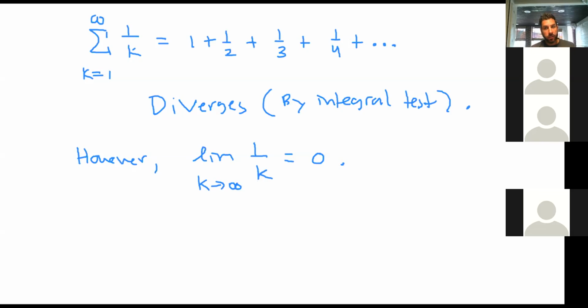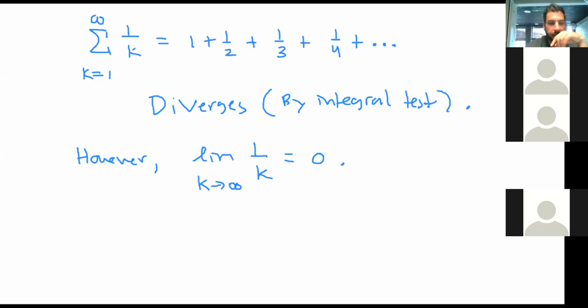Now, what the divergence test says, and that is a test for series, is if the limit is non-zero, then it has no chance of converging. So let me repeat this again very clearly.